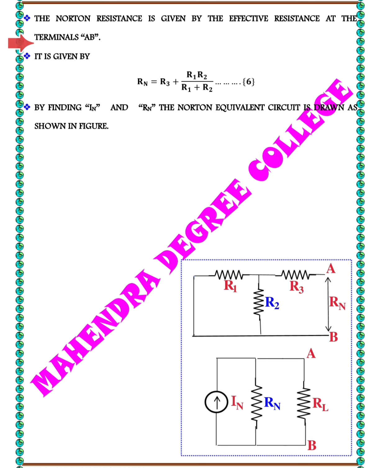It is given by Norton's resistance equals R3 plus R1 R2 by (R1 plus R2). This is equation number 6. Simply, this equation represents the total equivalent resistance, or Norton's resistance Rn, of a circuit.